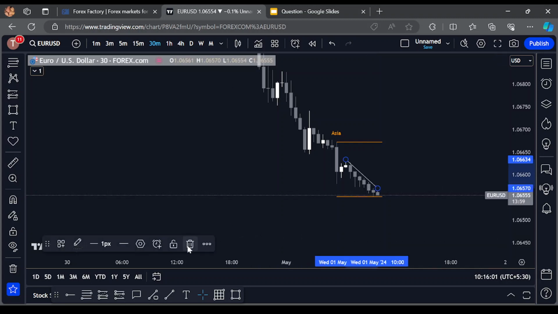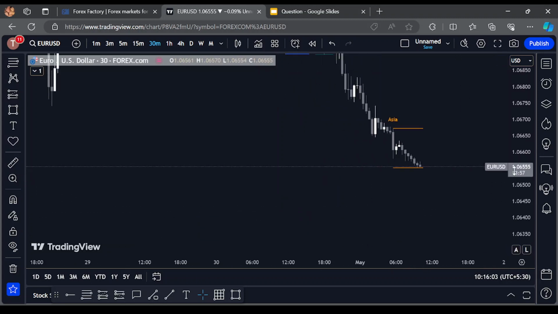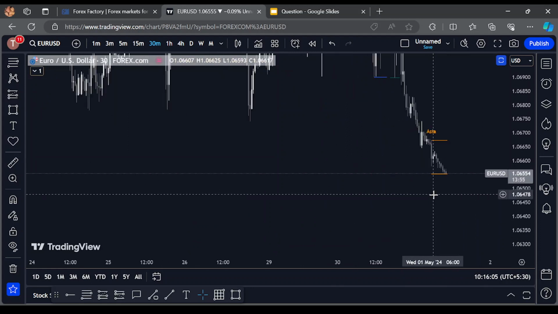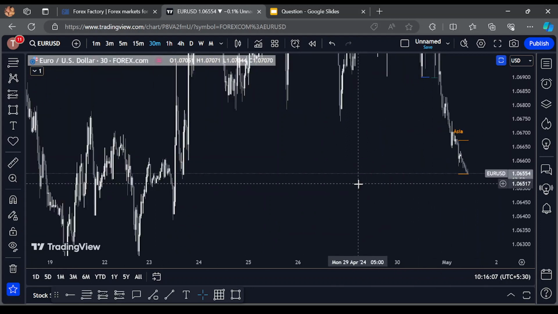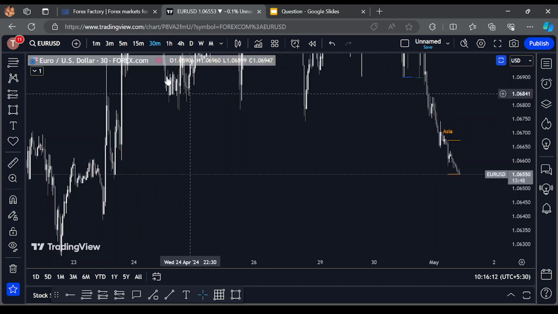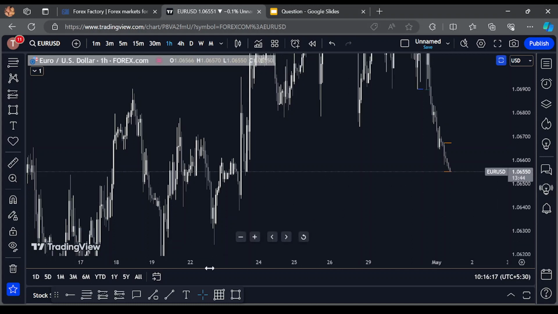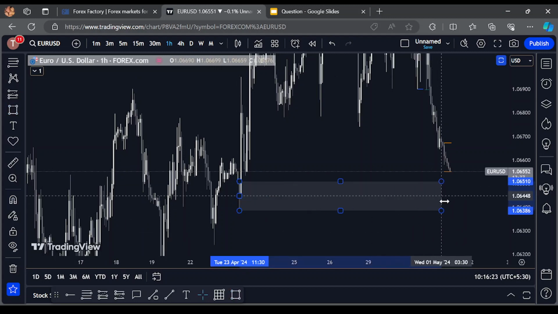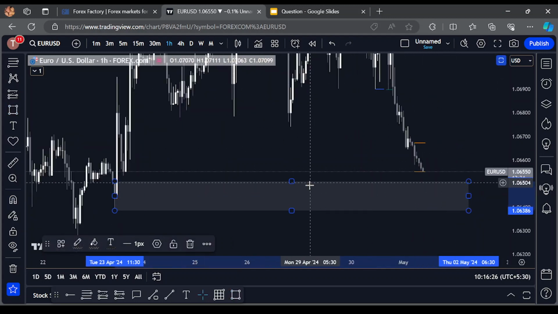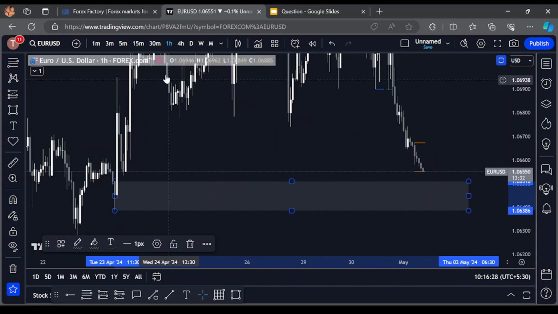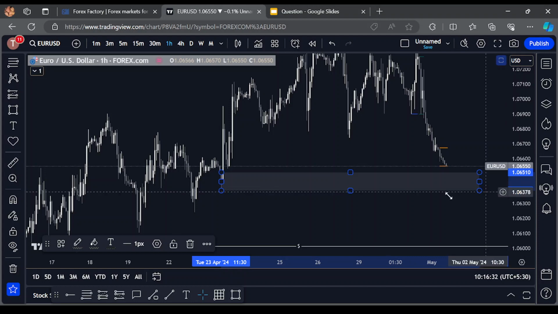But still, the bias is not much clear, since we need to see if we are going to react from some zone over here and then move into the upside direction, or I had seen something. So this was the unmitigated candle, most likely. If we are going to have a slowdown at this zone, most likely we are going to react from this level and again break this level, since we are already bearish into the market.